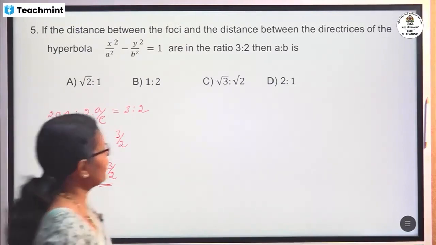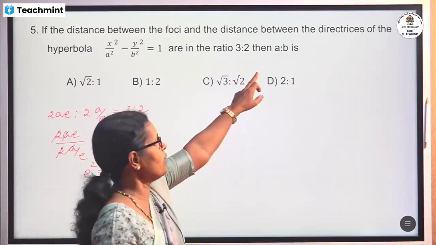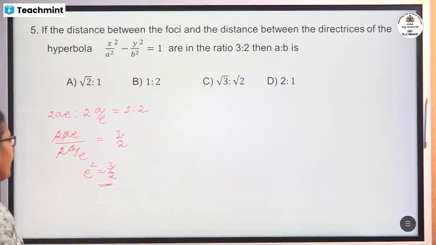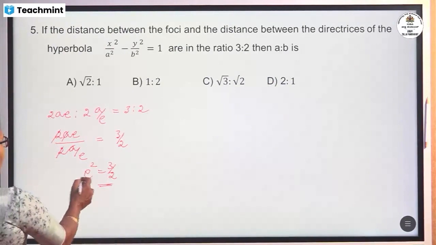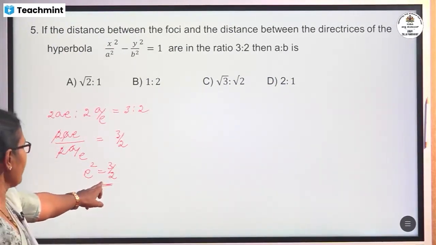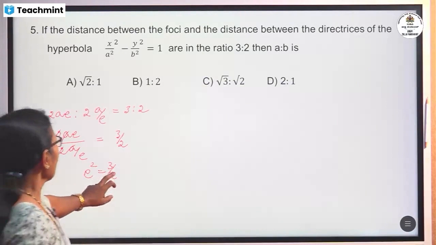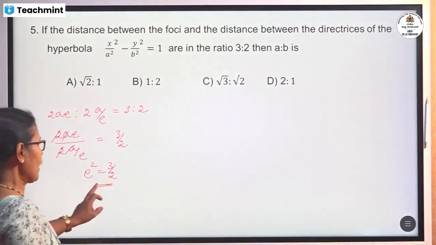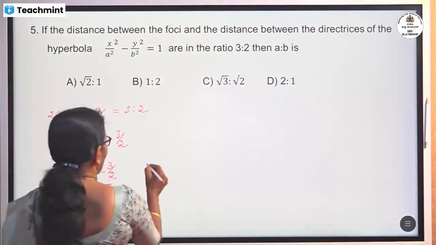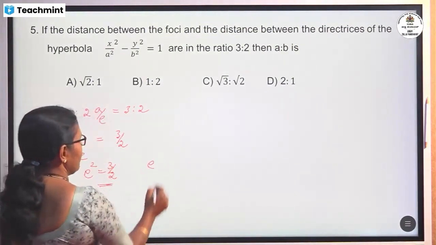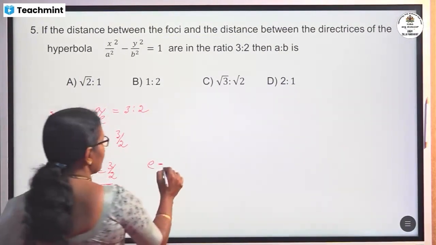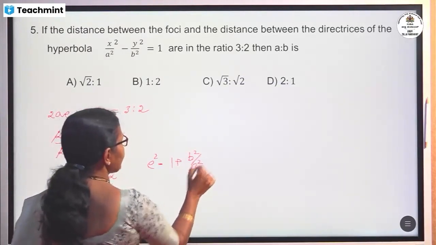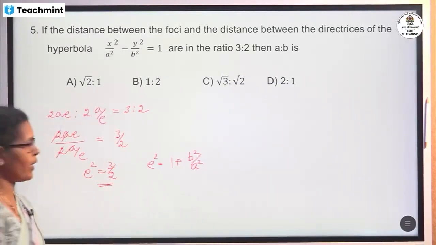Now, we have to find the ratio, that is a is to b. How can we find it? We know that E square is equal to 3/2. In a hyperbola, E square is equal to 1 plus B square by A square.